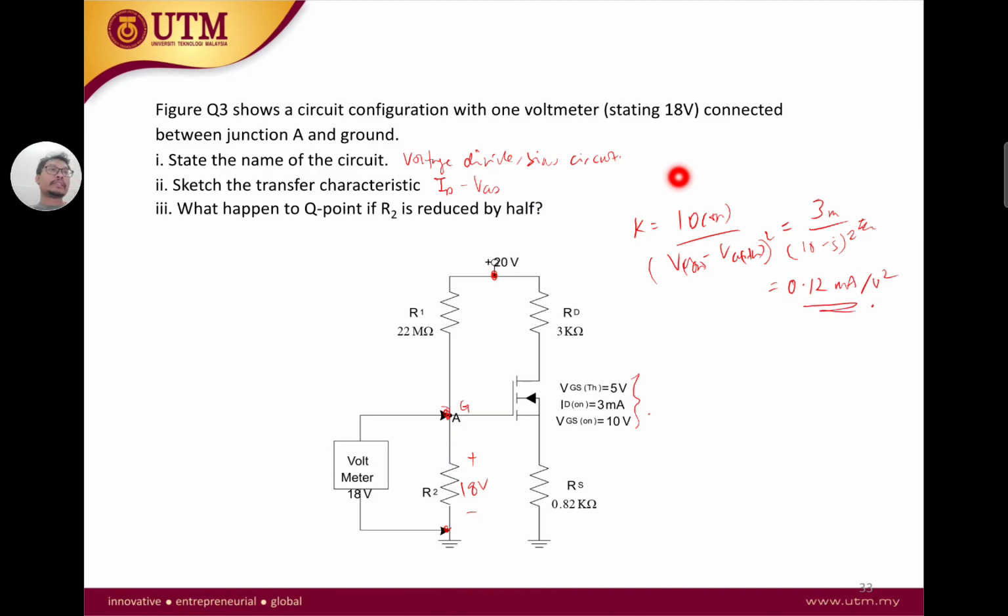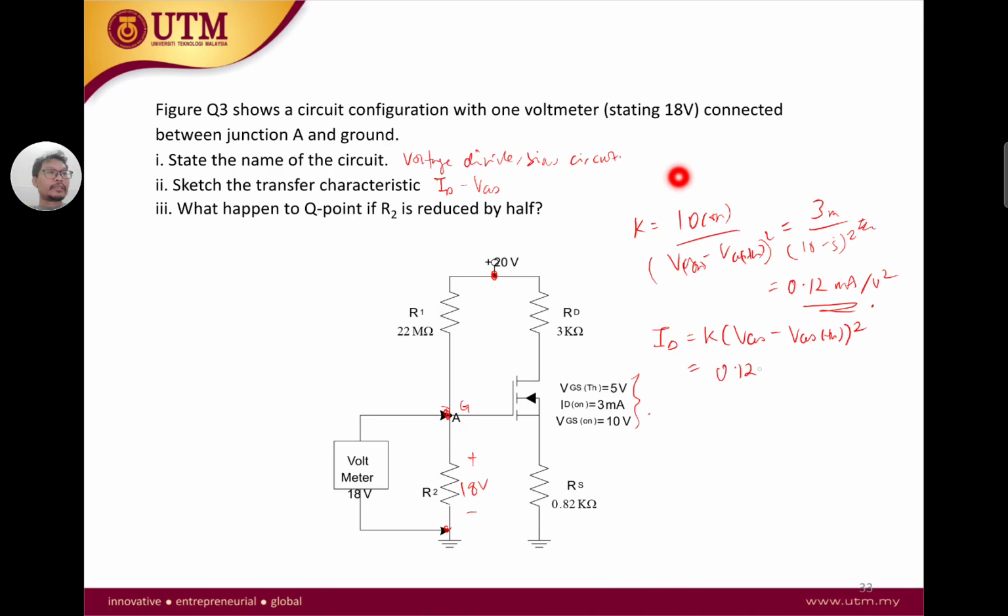So that's our K value, and we get our first equation for the transfer characteristics, which is ID equals K VGS minus VGS TH squared.